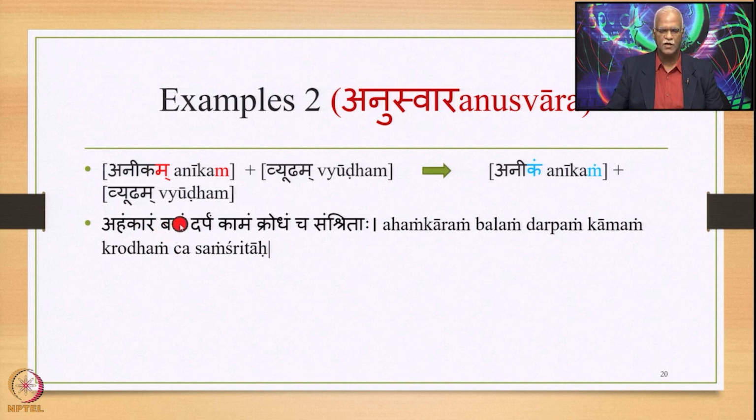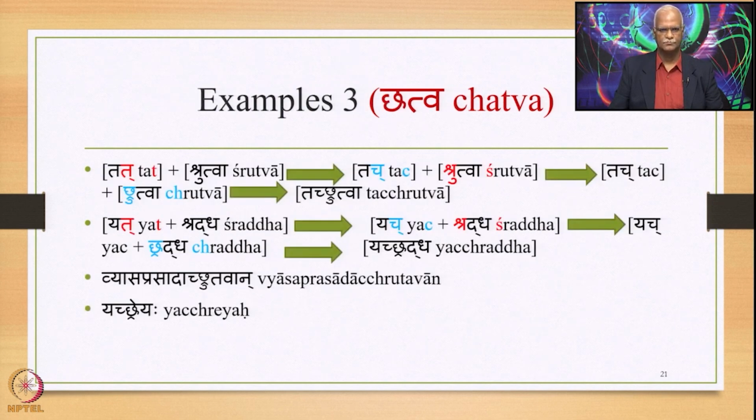This anuswara is pronounced as na, which is a savarna of this da. This anuswara is pronounced as nga, which is a savarna of ka. This anuswara is pronounced as nga once again, which is the savarna of this ka. This anuswara is pronounced as nya, which is the savarna of this cha. This is how anuswara and parasavarna sandhi are used in the actual usage.